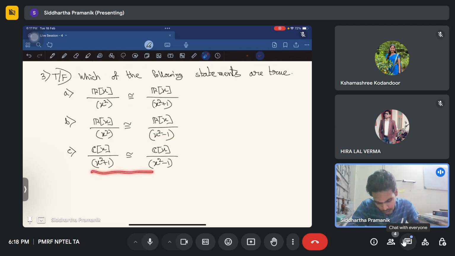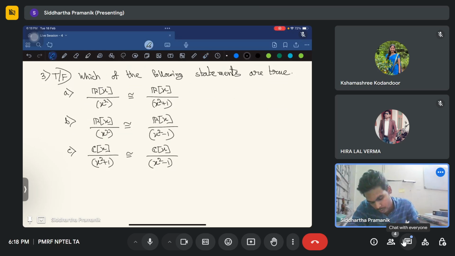And in the last one, C[x] mod x squared plus 1 is isomorphic to C[x] mod x squared minus 1. You need to check which one is true; there can be more than one statement true or false. So you have to determine that. Try to think about it for a few minutes.